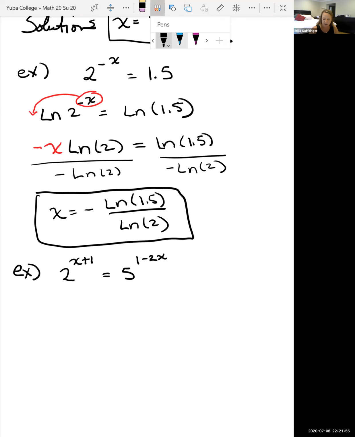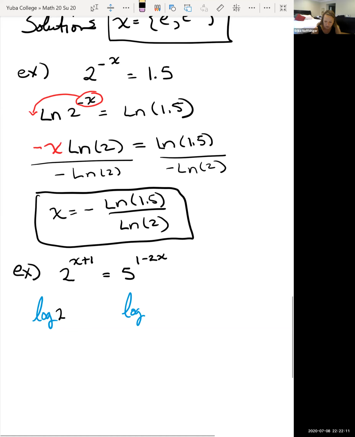So either take the natural log or log of both sides. It doesn't matter in this case. So if we took the log of both sides, so log of 2 raised to the x plus 1 power is equal to log of 5 raised to the 1 minus 2x power.